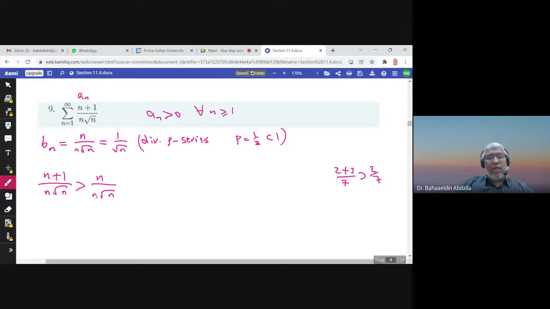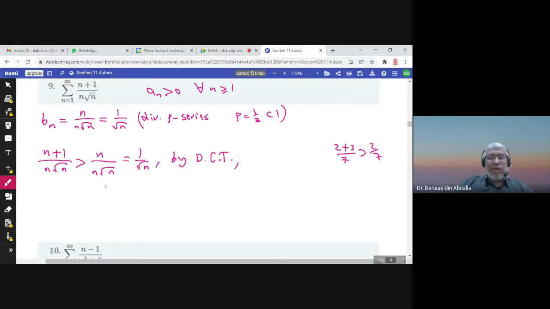And here we can cancel and we get 1 over square root of n. So this an is greater than bn. So by direct comparison test, summation an also diverges.